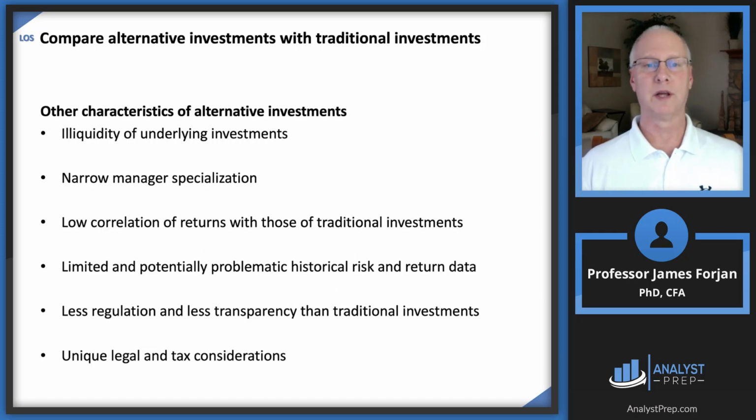How about some other characteristics? Now, when we think about the equity markets, we think of the floor of the New York Stock Exchange with lots of buyers and lots of sellers. And so we think of lots of liquidity. If you want to buy, somebody's willing to sell. If you want to sell, somebody's willing to buy. And the same is probably true, maybe a little bit less so, in the fixed income market, but there's typically lots of liquidity with traditional investments.